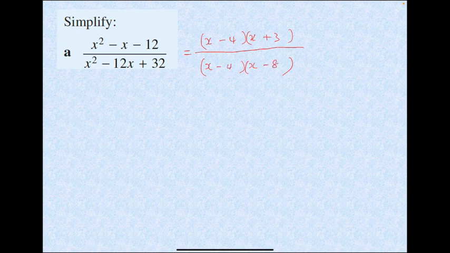Minus 4 times minus 8 will give you plus 32, and minus 4x minus 8x will give you minus 12x. So I can cancel off the x minus 4, and this algebraic fraction becomes x plus 3 over x minus 8. Very good.